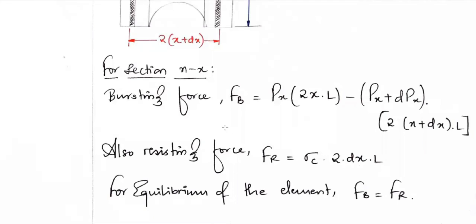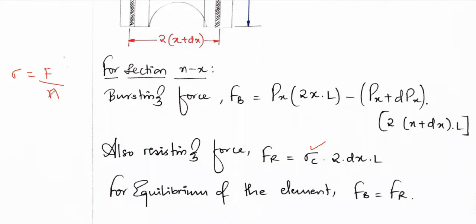Once we calculate the bursting force, next let me calculate the resisting force. The resisting force in this case will be generated because of the circumferential stress. Whenever I say force, we know that sigma is equal to force divided by area.